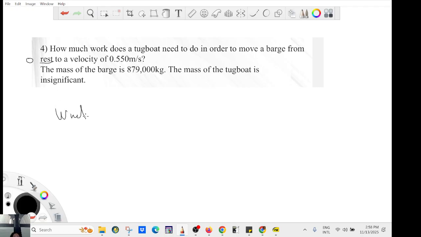So the net work, again, it's going to be 0.5 times the mass times the change, so the final velocity is 0.55 squared minus initial 0 squared. It's going to be a big number.